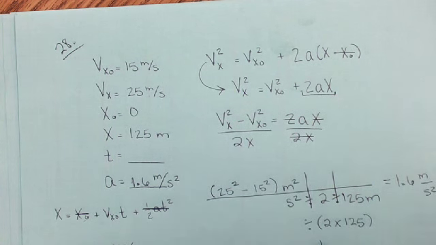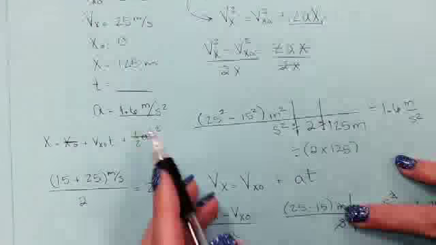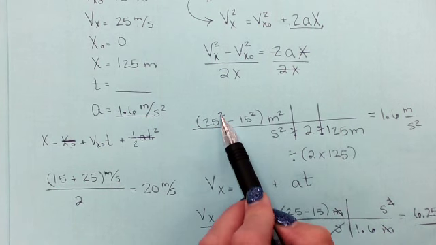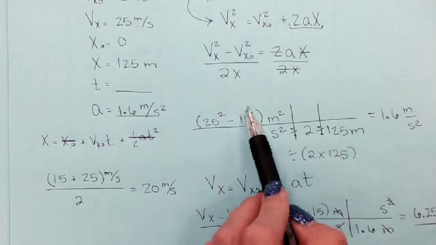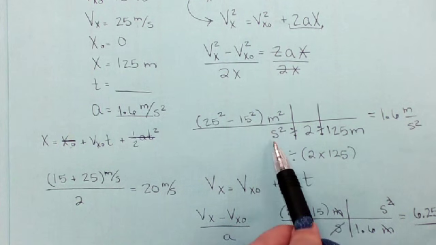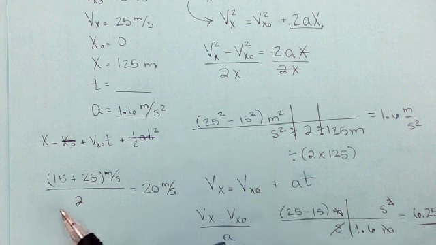Okay? So to show my work for that, it looks like this. I have parentheses open, 25 squared minus 15 squared, parentheses closed, and then meters squared over seconds squared. Just like when we did Vx minus Vx naught, but this time it's all squared. Okay?